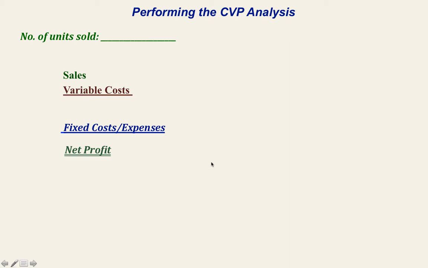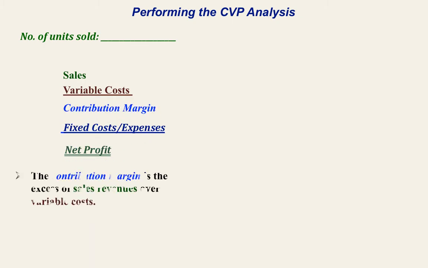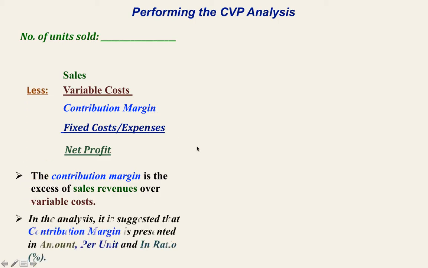So take note: cost, volume, and profit. The relationship among these is linked by what you call contribution margin. Contribution margin is the excess of sales revenues over variable cost. So that is your contribution margin.